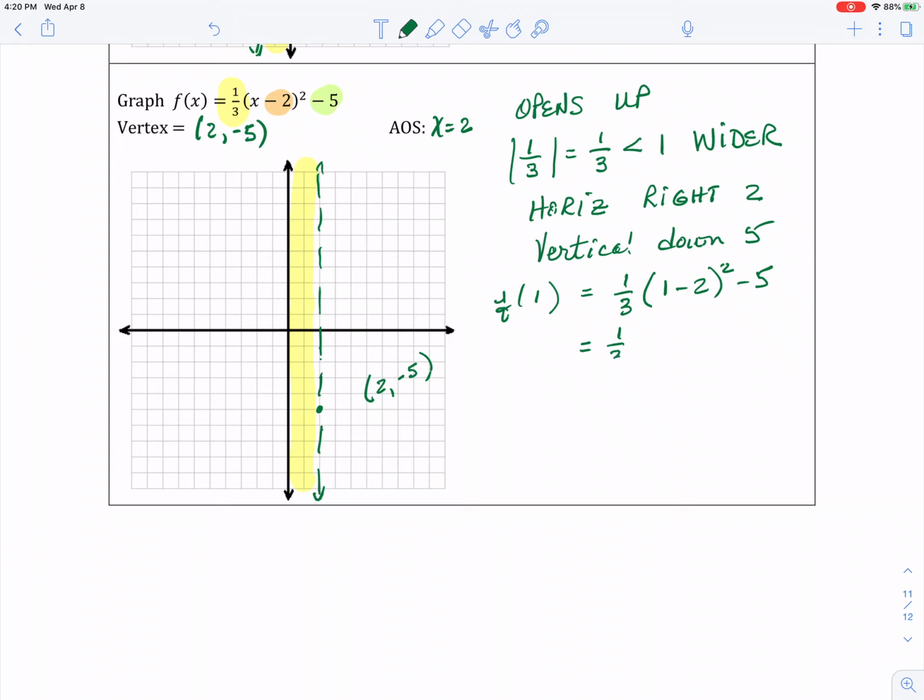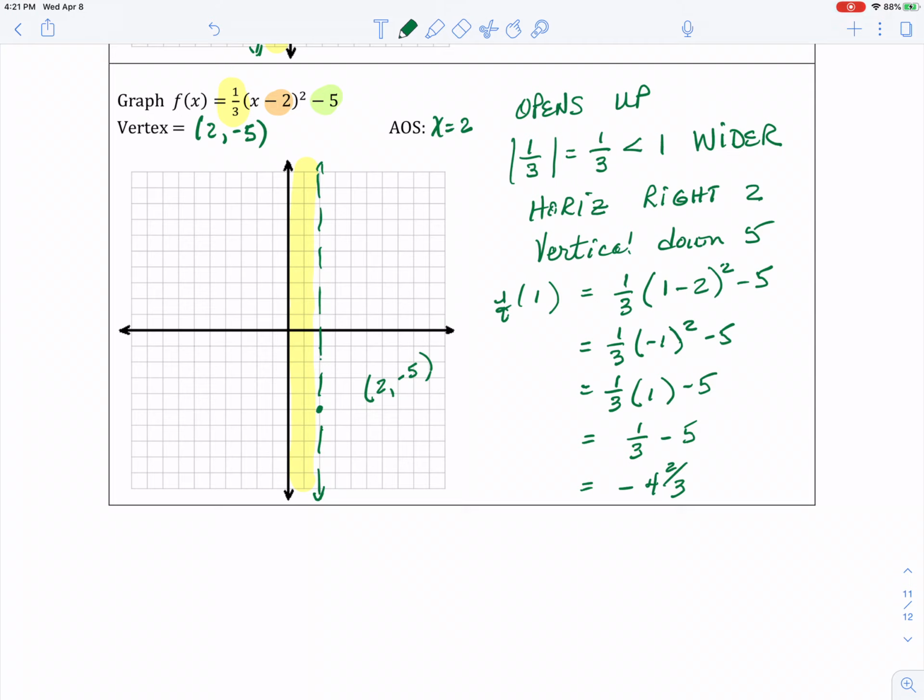So again, inside the parentheses first, squaring next, multiplication next, and addition and subtraction last.